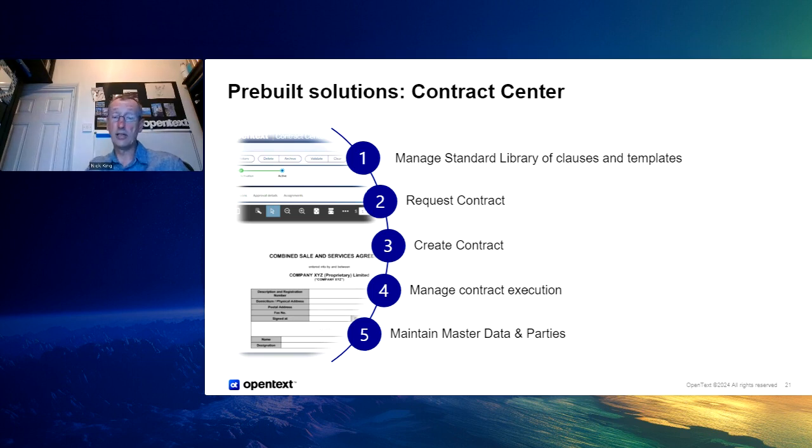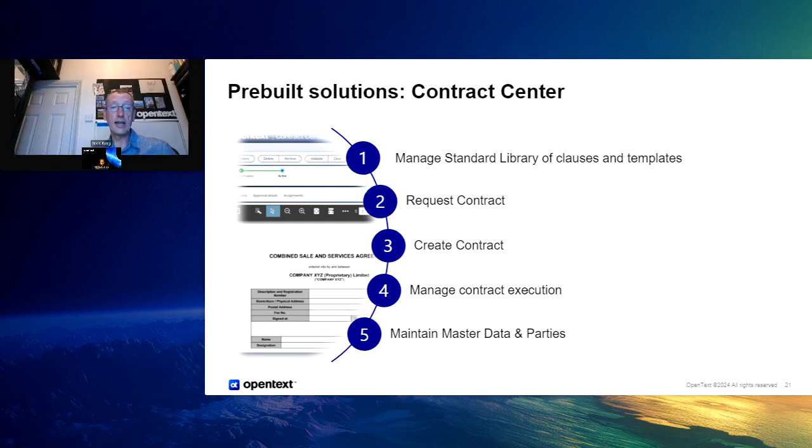We have an example of an OpenText solution built with it called Contract Center, which allows you to manage everything around contract lifecycle management, from managing the clauses and templates that are used for generating contracts, through to the execution and handling the execution of a contract, managing all the obligations and tasks that have to happen during the life of a contract.